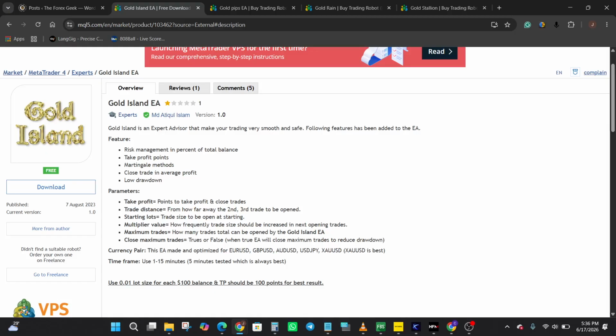Now, one recommendation provided by the developer is to use a lot size of 0.01 for every $100 of account balance and a take profit value of 100 points. As always, traders should test these settings themselves to determine whether they fit their own risk tolerance and objectives.